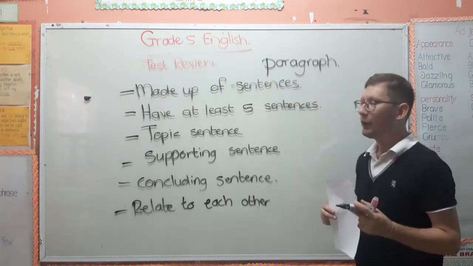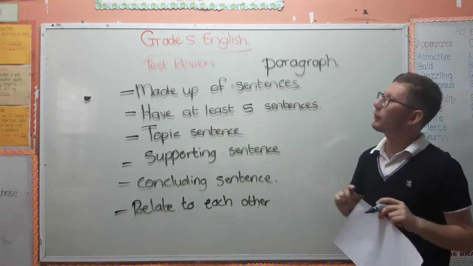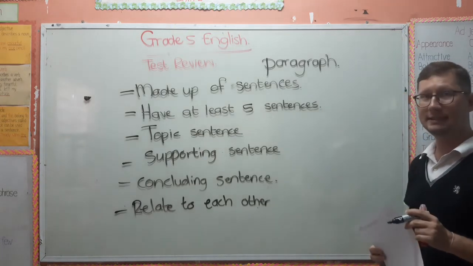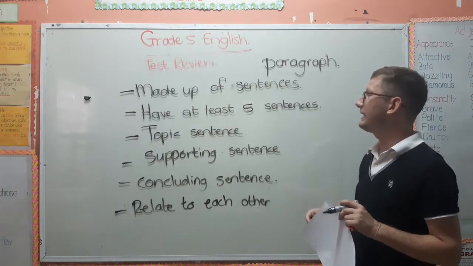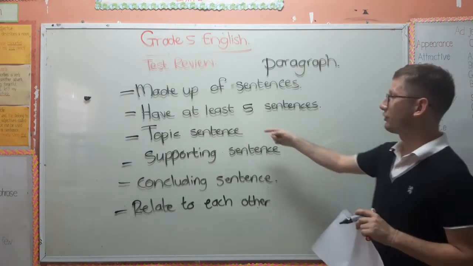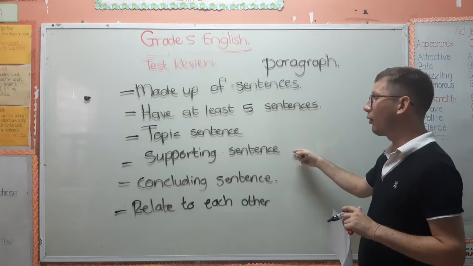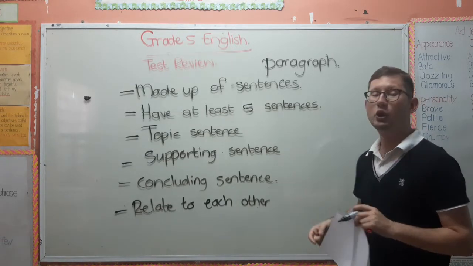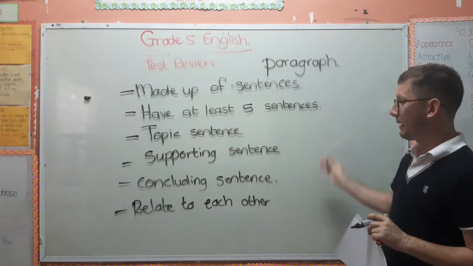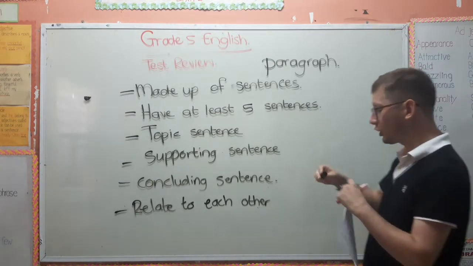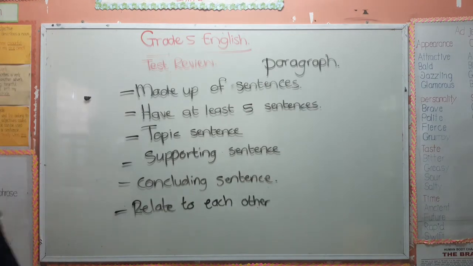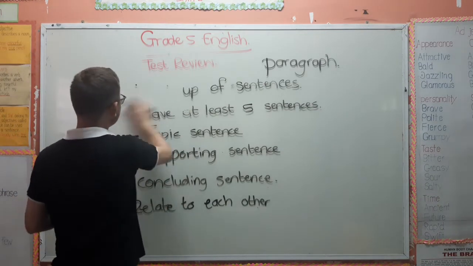Alright. Okay, so let's have a look quickly. So a paragraph is made up of sentences. It has at least 5 sentences. It should have a topic sentence, a supporting sentence, and a concluding sentence. Okay, so this is a paragraph. But now we are going to have a look at the following. I'm just going to erase this quickly.